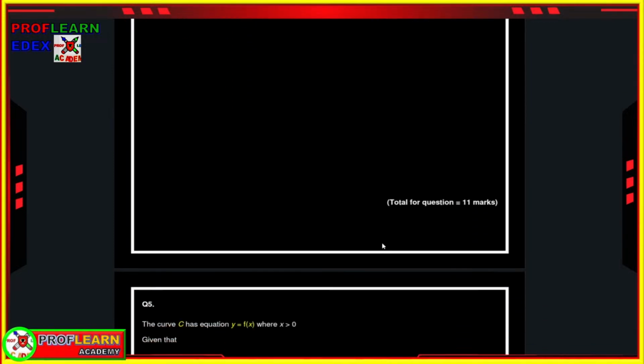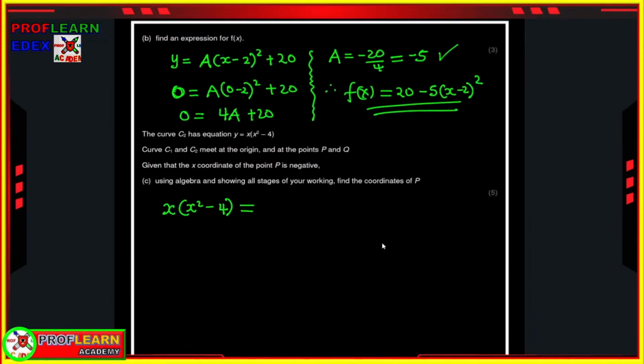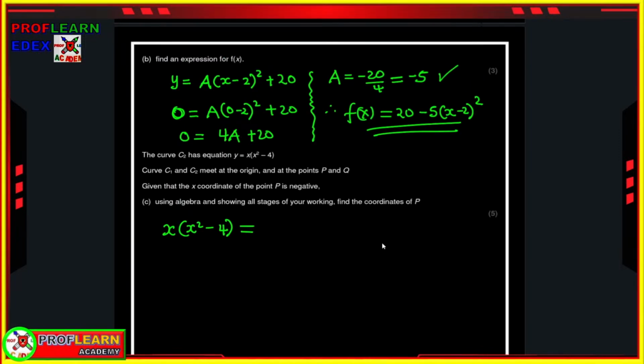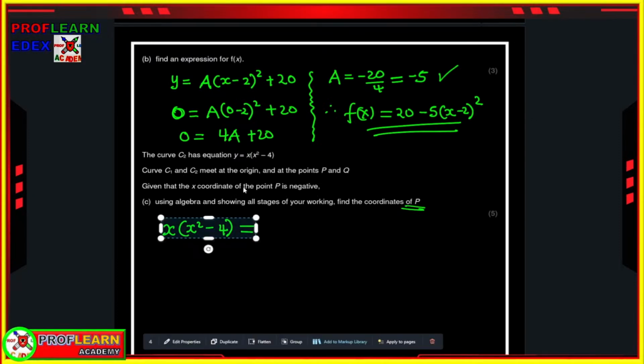The next question was that using algebra and showing all your stages of working, find the coordinates of P. In the beginning, let me just give you the details that were provided here.